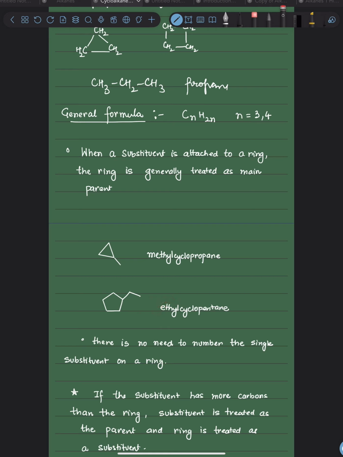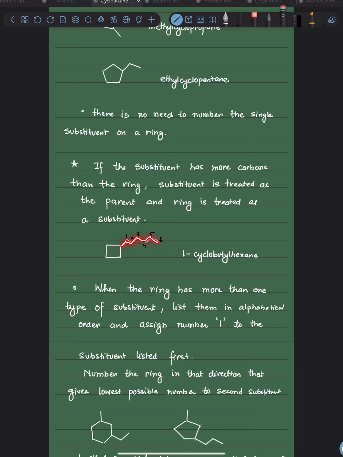Now, if the chain or the substituent attached to the ring has more carbons, then that is treated as the parent and the ring is treated as the substituent. Whichsoever has more carbons would be the parent and the other would be the substituent, right?